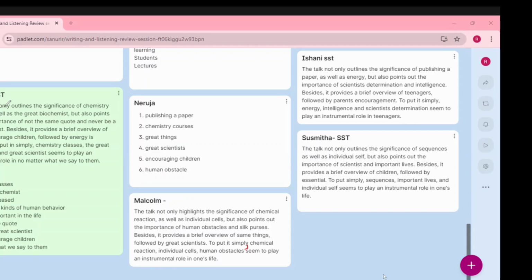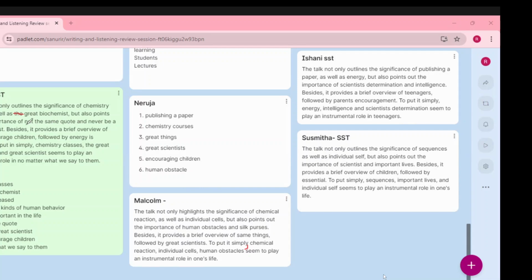The talk not only outlines the significance of chemistry classes as the great biochemist. As avoid the, okay? As well as great bio. Okay, you use it because it's about great biochemist. As the great biochemist. Okay, we'll go with that, but also points out the importance of, not the same call.